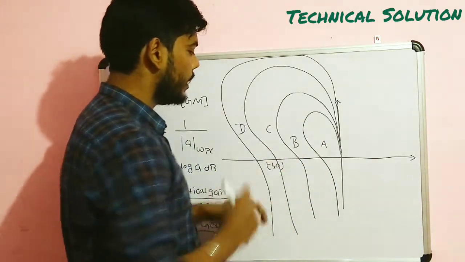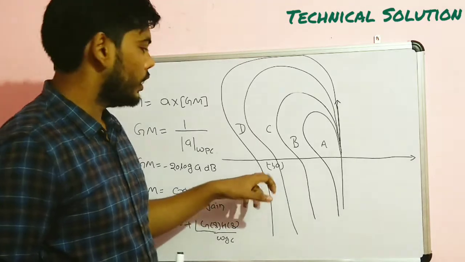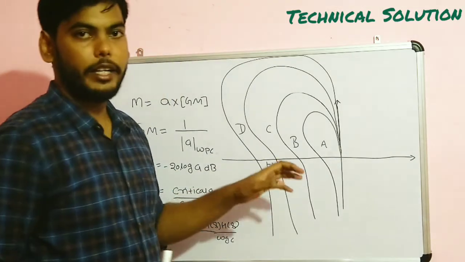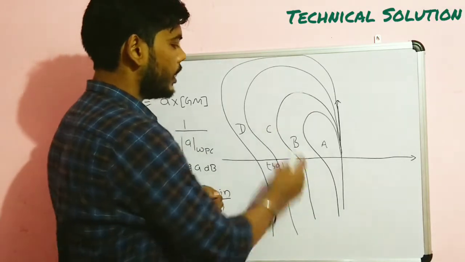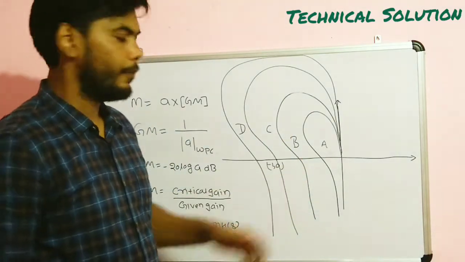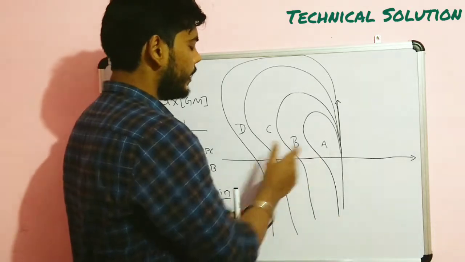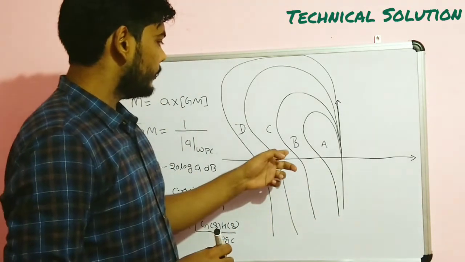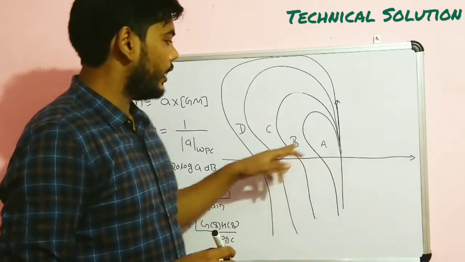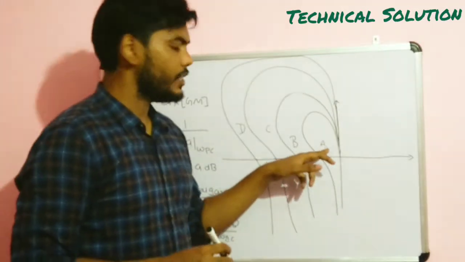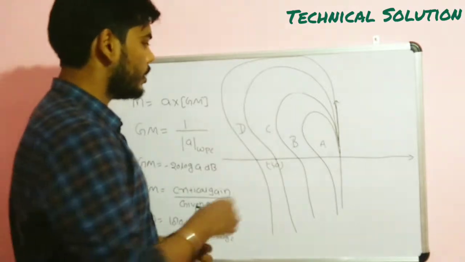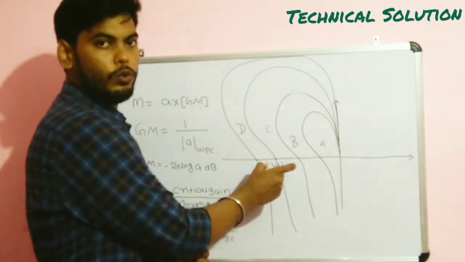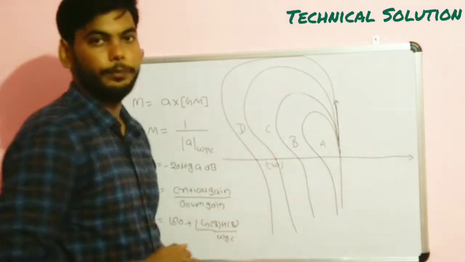Similarly, for system B, the -1+j0 reference point lies to the left side, so system B is also a stable system. But when we compare A and B, system A is more stable than B, because B is very close to a marginal system.